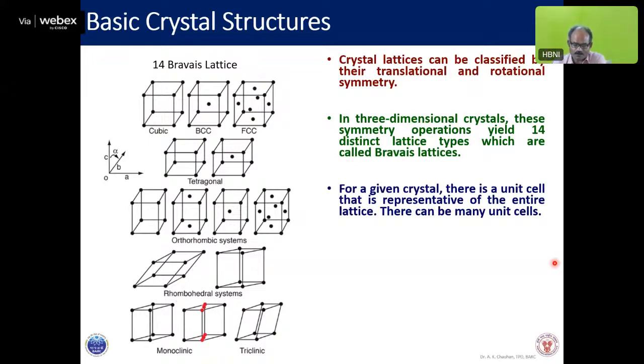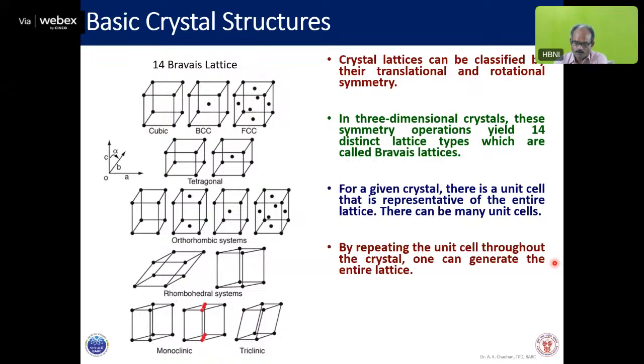I can have a primitive unit cell, where only one lattice point is there, and I can have some other type of unit cell where I can have more than one lattice point. By repeating the unit cell throughout the crystal, one can generate the entire lattice.